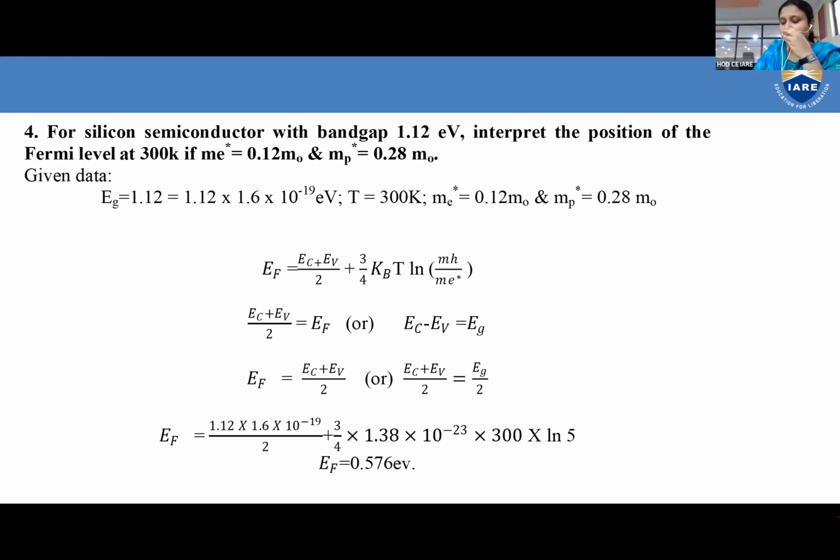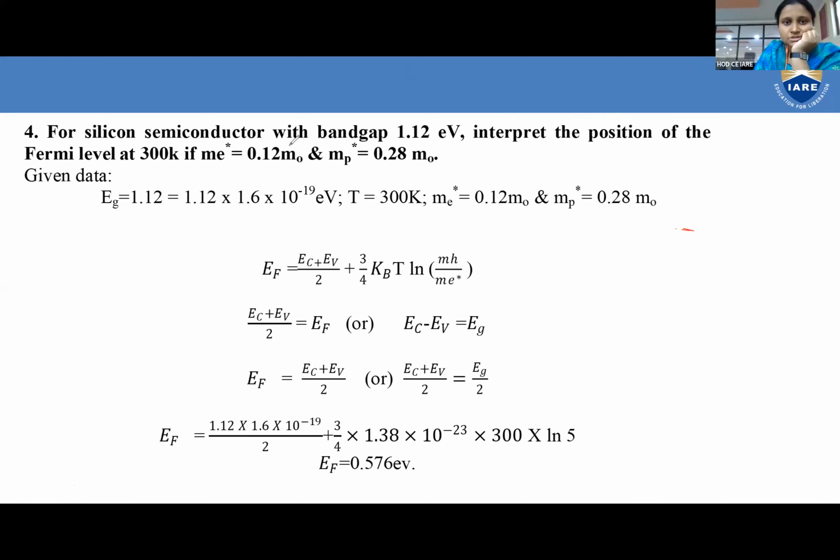Okay. So what is asked in this problem? The position of the Fermi level at 300 K. I think a similar problem we have done before.